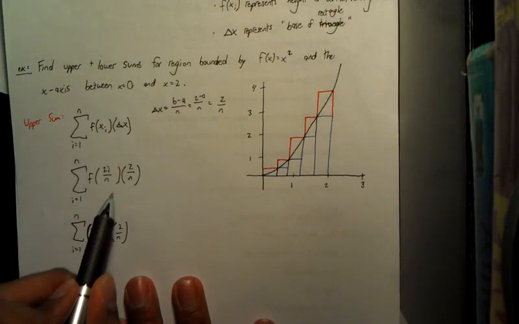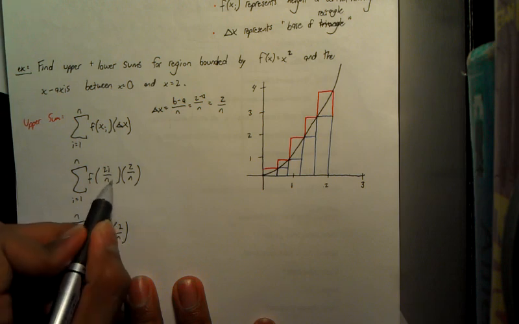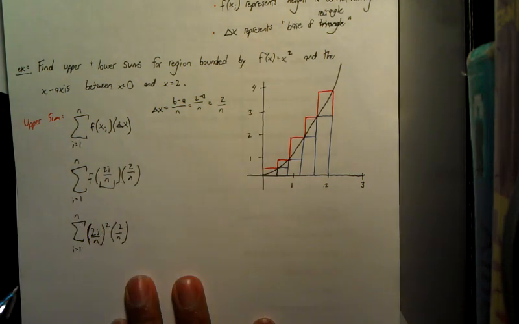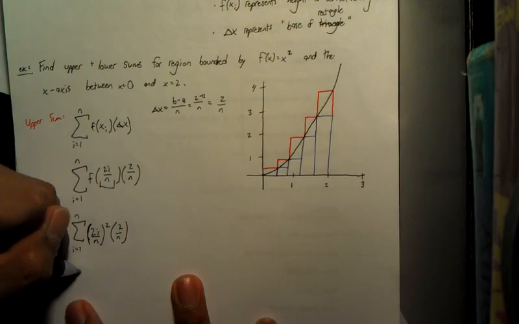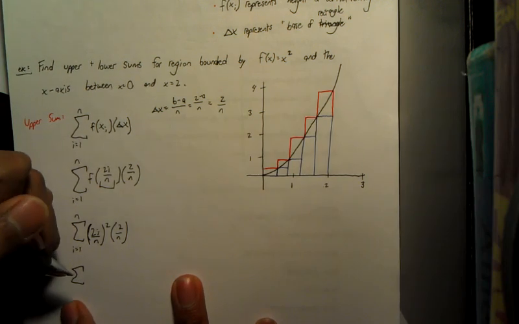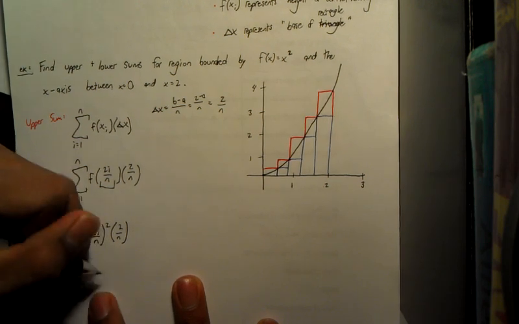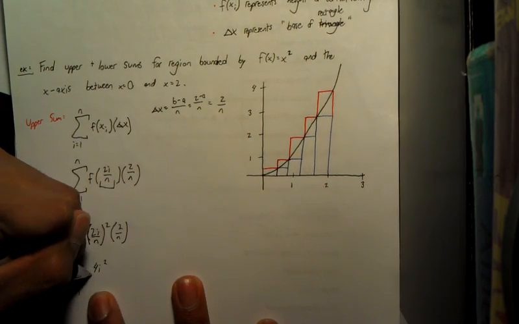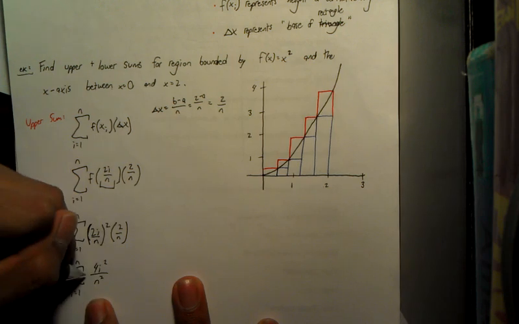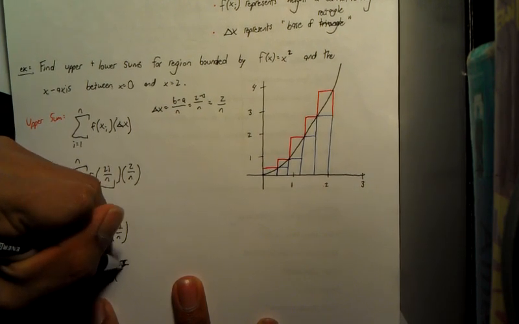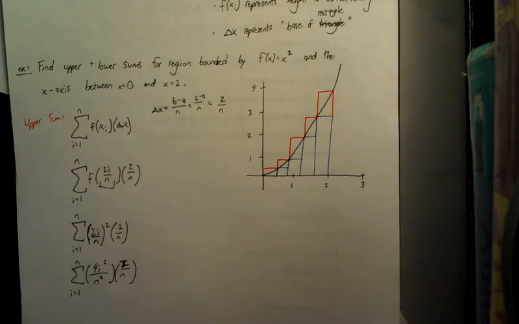All I did there was just plug in our input as x into our original equation. Do some simplifying, and we get 4i squared over n squared times 2 over n.